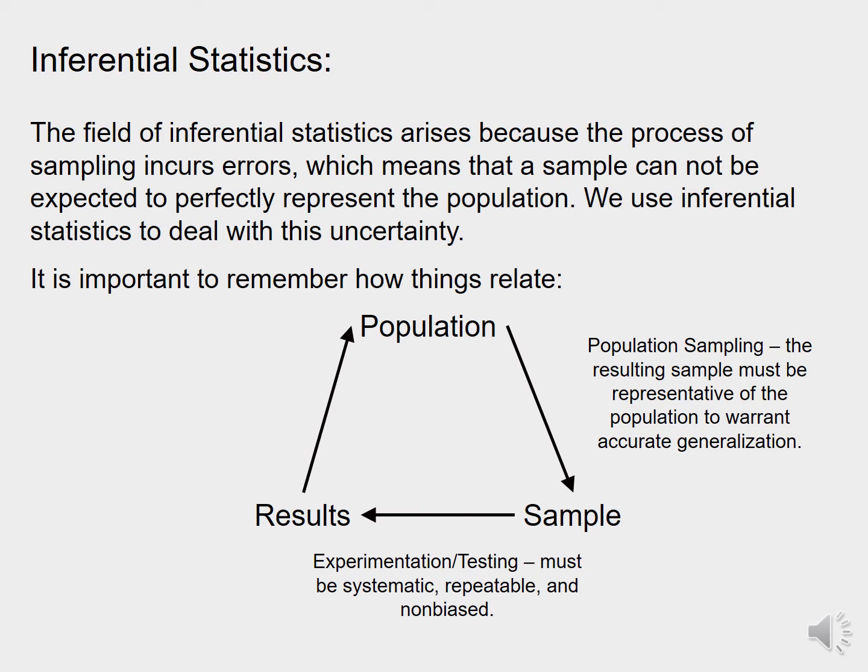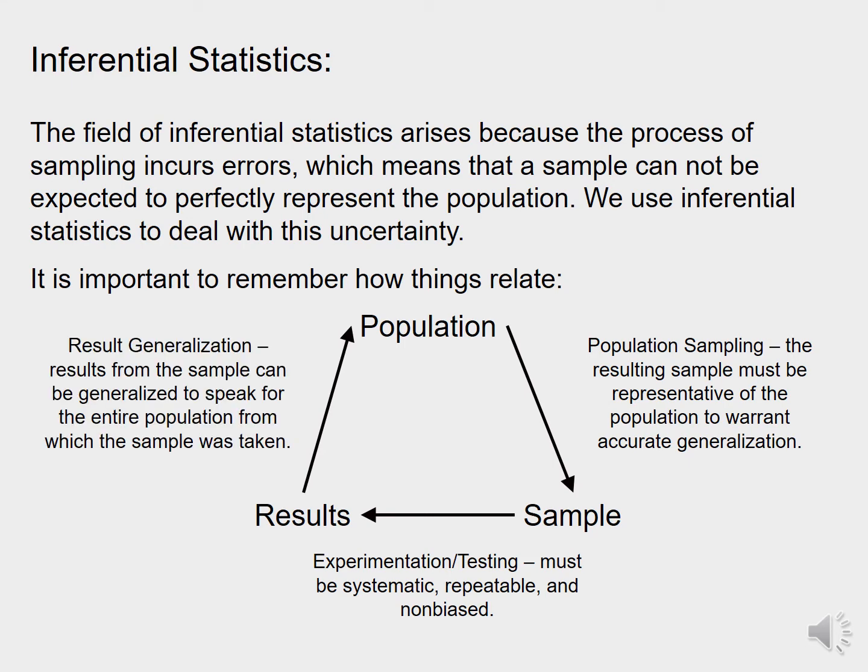We must meet the assumptions of sampling that our sample is unbiased and representative of the population. If we meet these assumptions, we can use the inference they afford us to draw conclusions about the population from our sample.